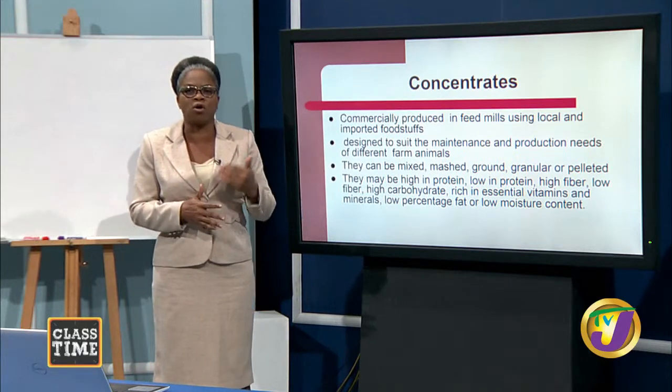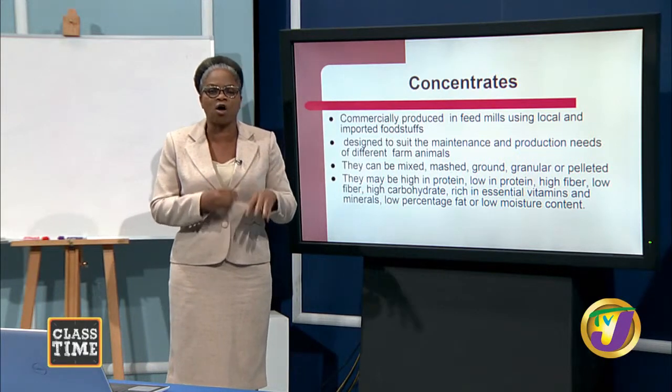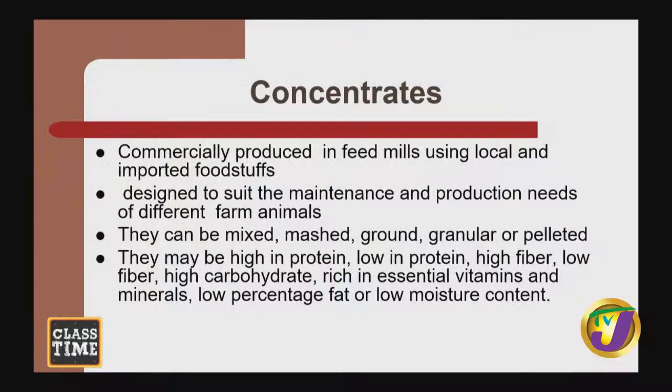So let us now move on to look at concentrates. When we talk about concentrates, these are commercially produced food, and they are normally produced in what we call feed mills, and we could use both local and imported feedstuffs. Commercial concentrates are designed to suit the maintenance and the production needs of different farm animals. And so the concentrate could be mixed, mashed, ground, granular, or pelleted.